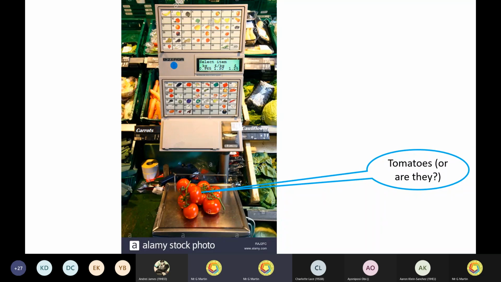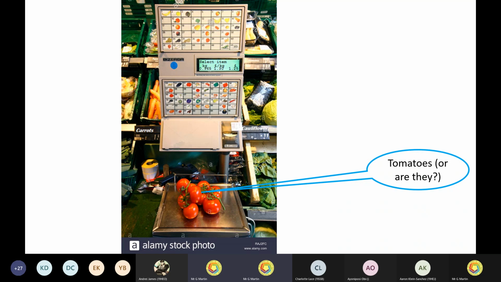And then there's tomatoes, or are they? Because actually, what determines whether they are tomatoes or not? We can look at them and say they are tomatoes, but a computer system can't look at something. It hasn't got human attributes.